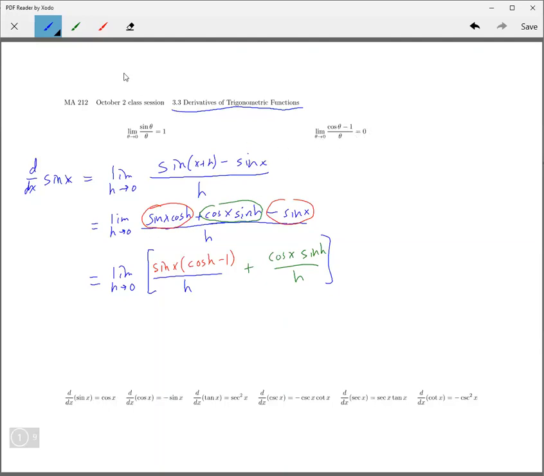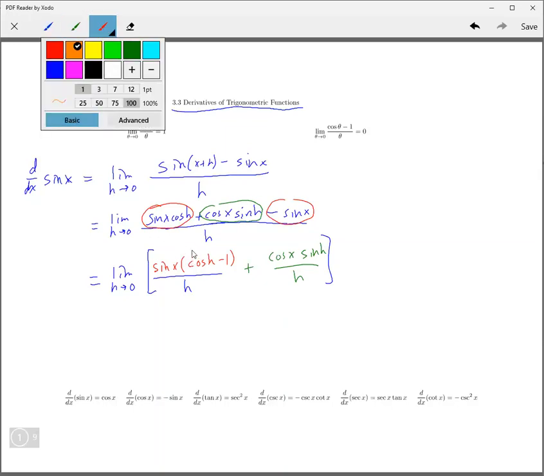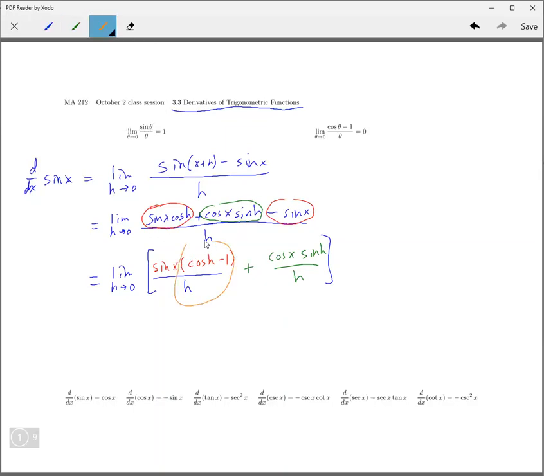The limit is going to be 0. So basically all of this is the same thing as this, so that's just going to go to 0. And also, this right here is basically just this, as the limit as h goes to 0, and that's going to go to 1.